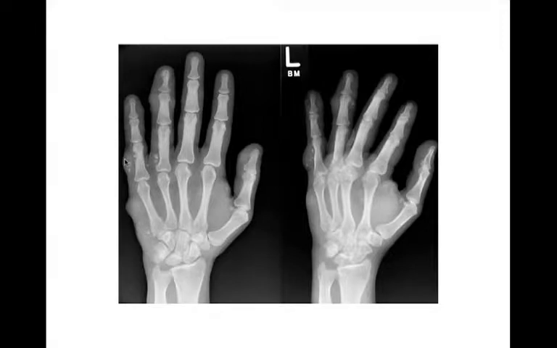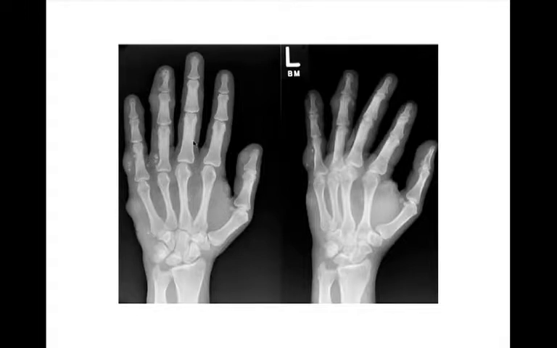Okay, so two views of the hand. Here we see these soft tissue masses and these phleboliths adjacent to it. The bones actually don't look too bad here. We'd be looking for any lytic lesions in the bones. This was a patient with Maffucci syndrome, multiple enchondromatosis, and these are what the soft tissue hemangiomas look like in Maffucci syndrome.